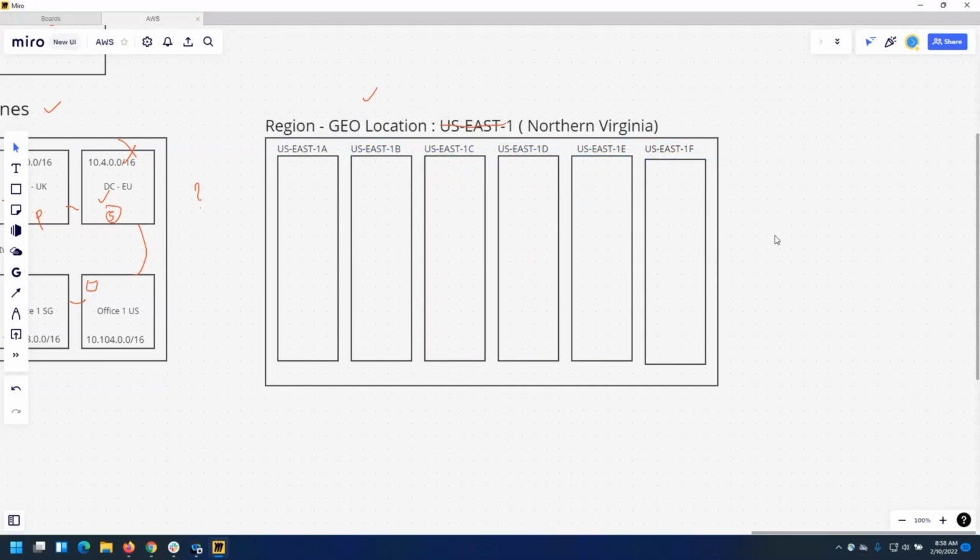Okay, right. So what do you mean by these notations? These, what we technically call availability zones.